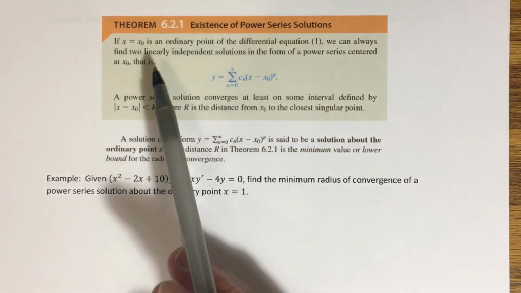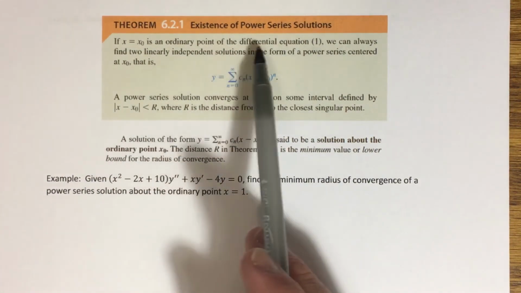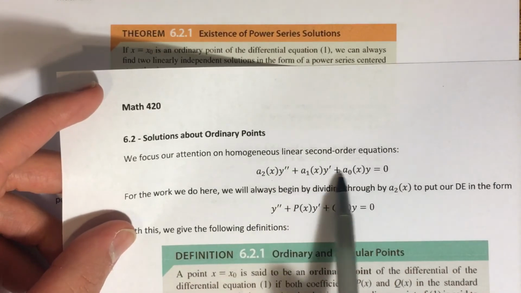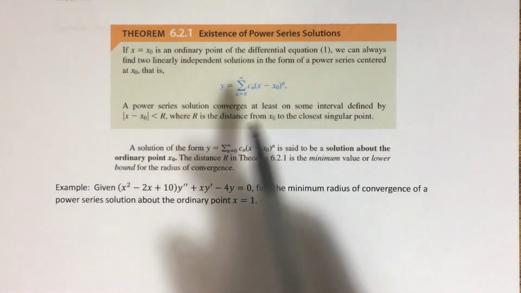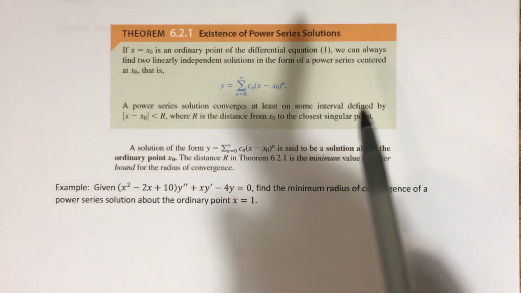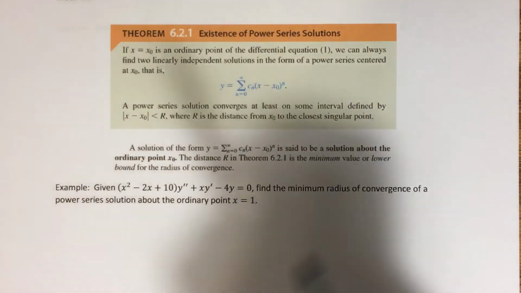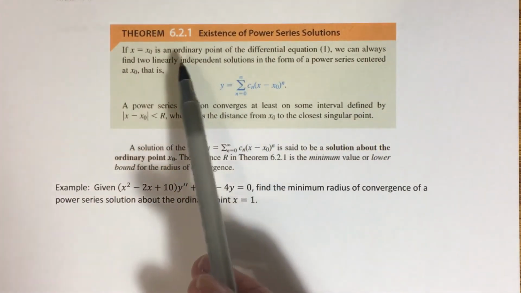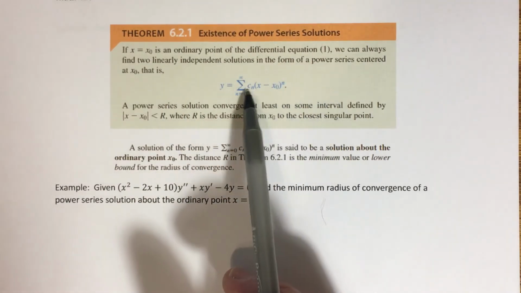Okay, so this is what the theorem looks like. If x equals x naught is an ordinary point, which we just defined, of the differential equation, and what it's talking about is this general DE right here. If x equals x naught is an ordinary point of that linear second order differential equation, and it doesn't even need to have polynomial coefficients, it could be anything, then we are always going to be able to find two linearly independent solutions in the form of a power series centered at x naught.